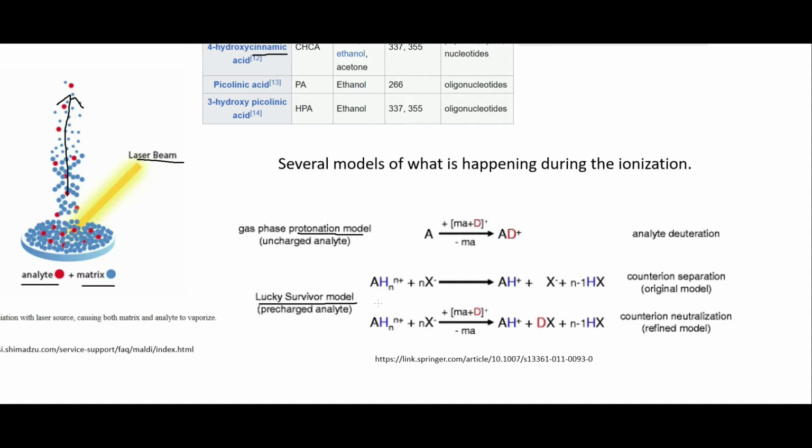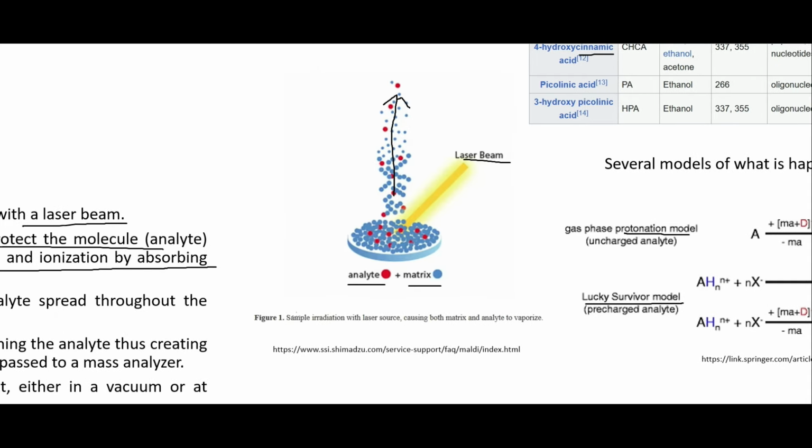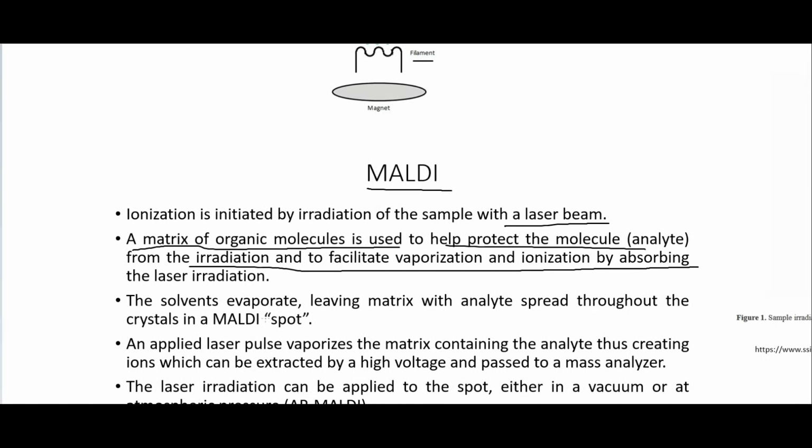This just has to do with how protons and electrons are being exchanged between the matrix and the analyte. You could go down a deep rabbit hole into these models, but what really matters for our purposes here is that we get this mixture of the analyte and the matrix right here when we are doing this MALDI ionization.